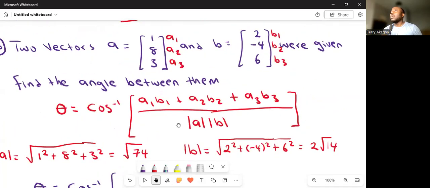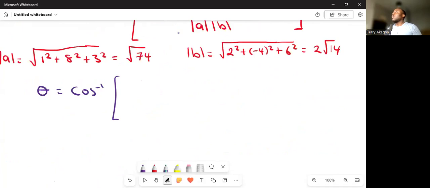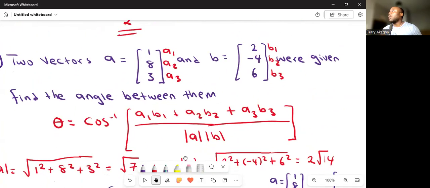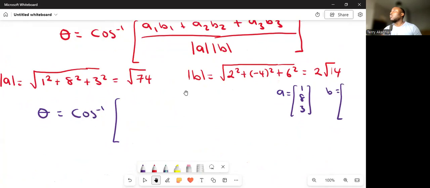So the first one was 1, 8, and 3 for A. So A is 1, 8, and 3. Then B is 2, minus 4, and 6.